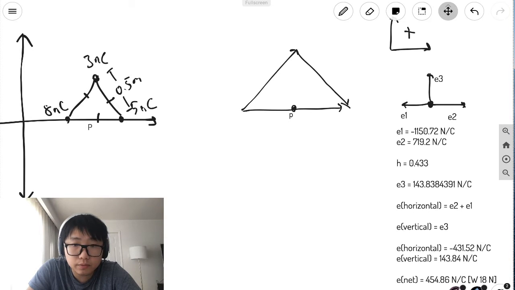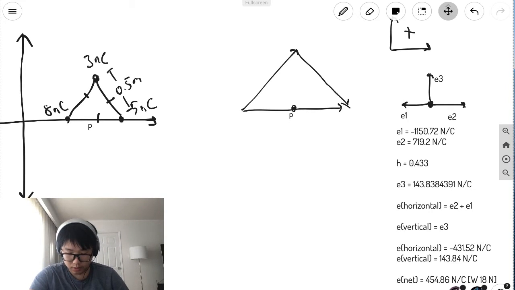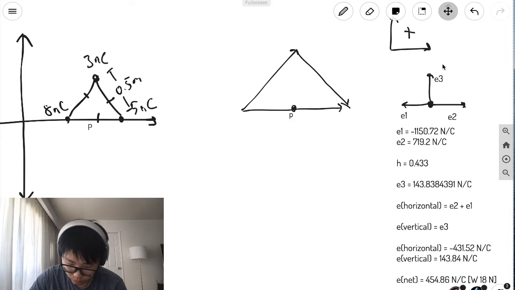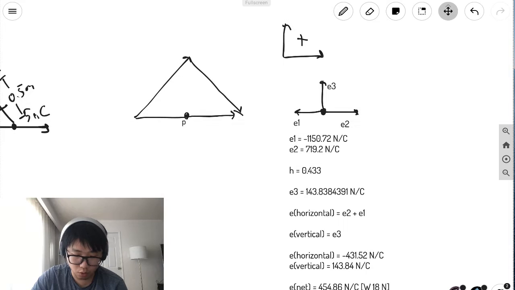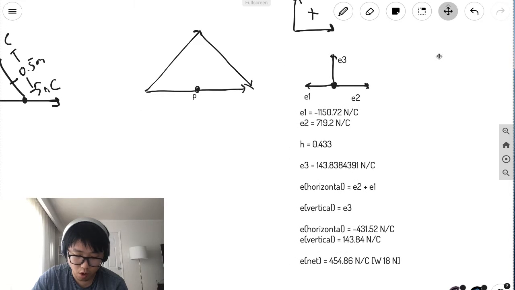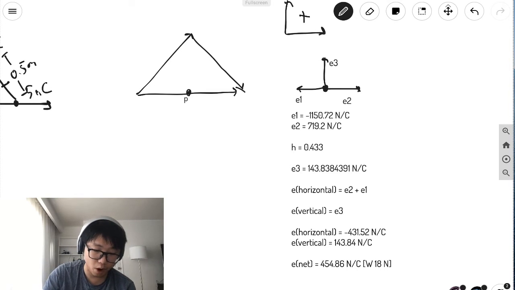I got 1.88 times 10 to the 3 newtons per coulomb. So let me see. First of all, you drew them wrong a bit. Remember, these are positive charges, right?